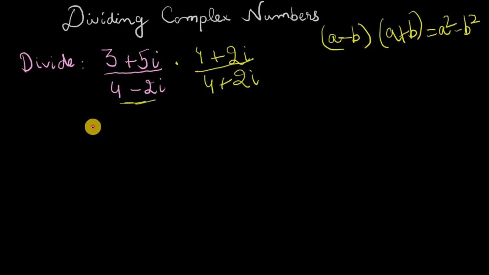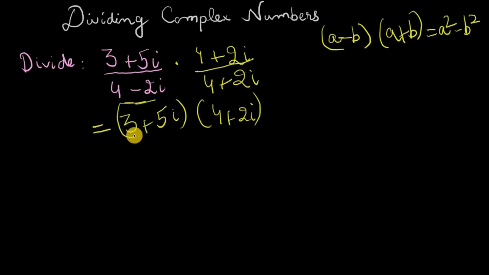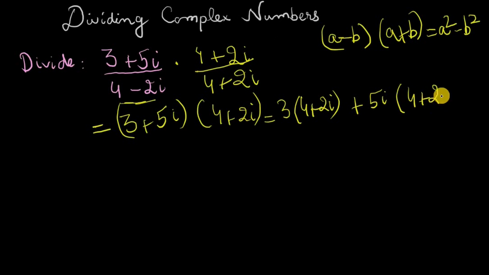Let's see how. So we have 3 plus 5i. I'm going to multiply it with 4 plus 2i, multiplying each of these terms with the whole of the second term. So it's going to be 3 times 4 plus 2i, and then plus 5i times 4 plus 2i.